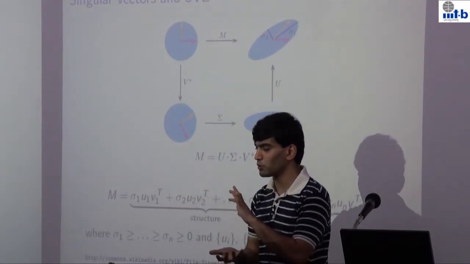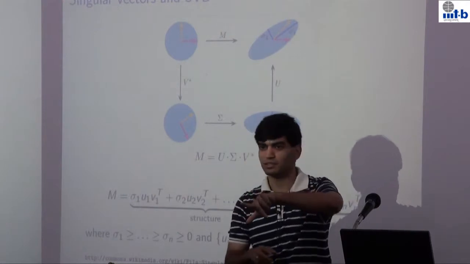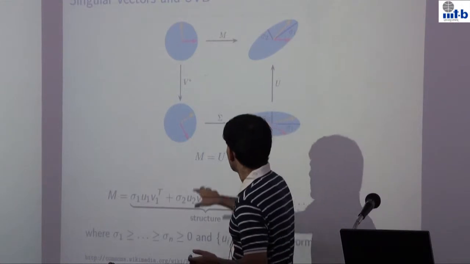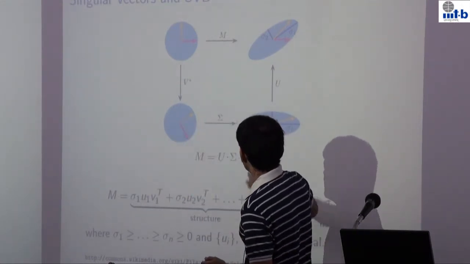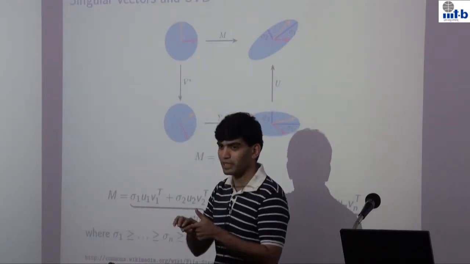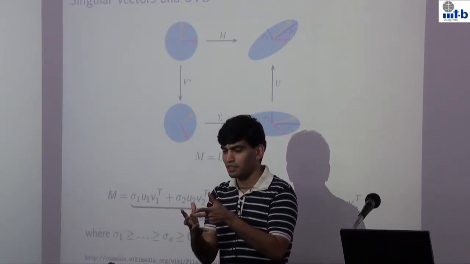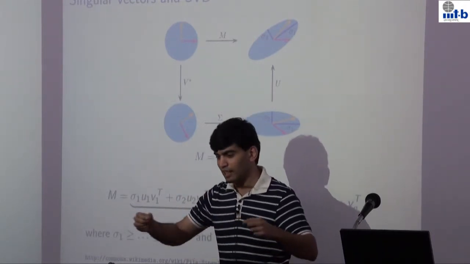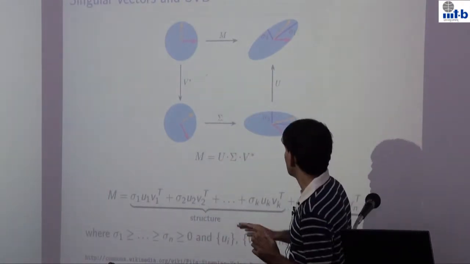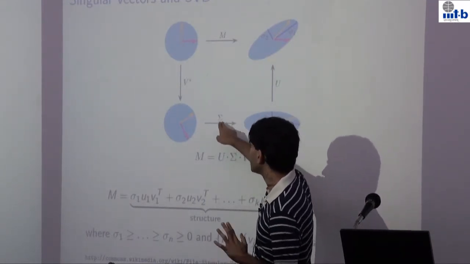So it sort of rotates the unit ball. The unit ball has some basis, it just changes, so the unit ball just rotates in some way. That's the first thing that happens. Then it takes the new coordinate axes and scales them by different amounts along different coordinates. And that is the mapping given by a diagonal matrix, which is represented here by sigma.